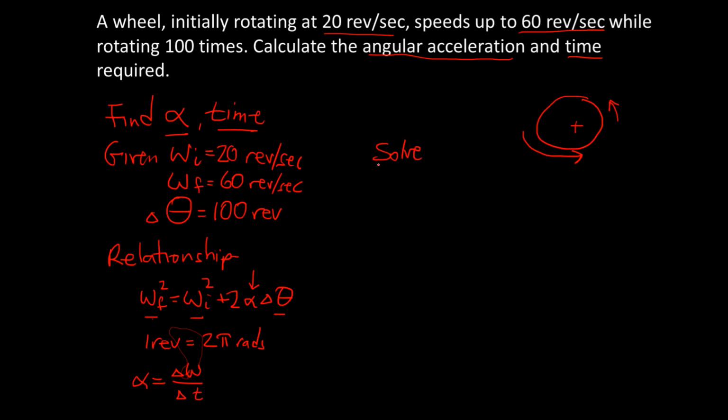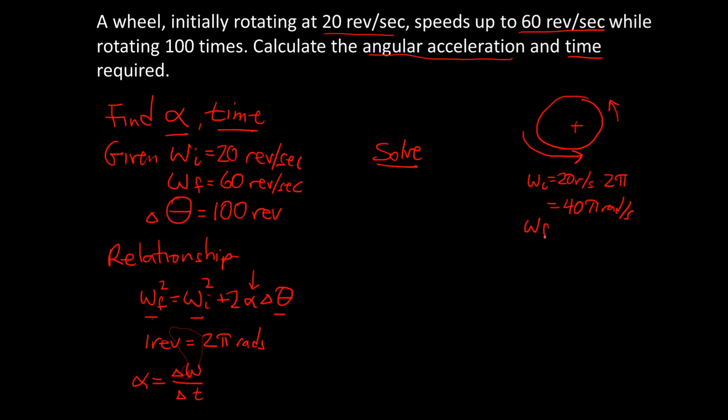First let's make a note of what our angular velocities are. We're at 20 revolutions per second. 20 revolutions per second times 2 pi tells us that our initial angular velocity is 40 pi radians per second.